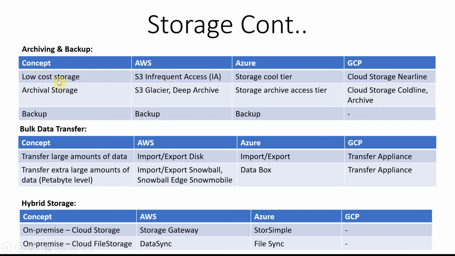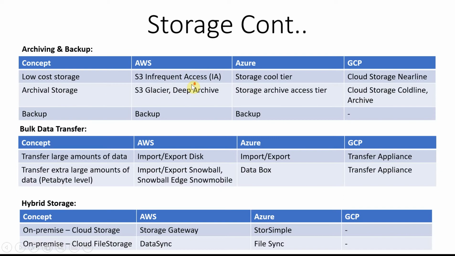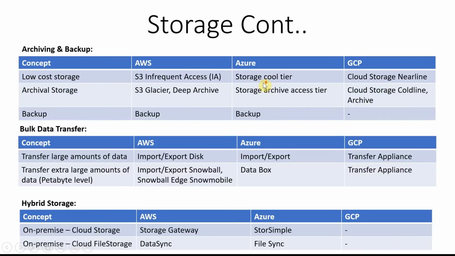That way your cost is minimal compared to using normal S3. So it's a category within S3, primarily for infrequently accessed data. And the equivalent in Azure: normal storage is Blob Storage, whereas if you're looking for low cost, it is the storage pool tier.